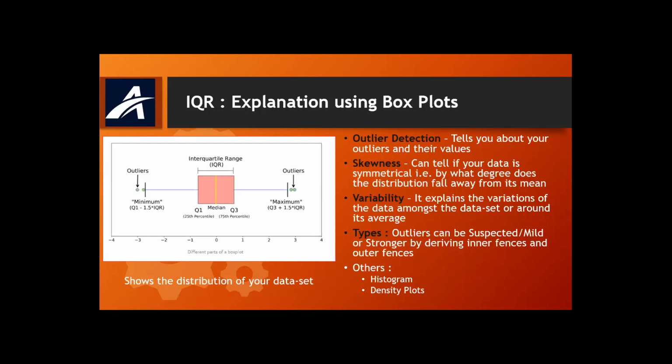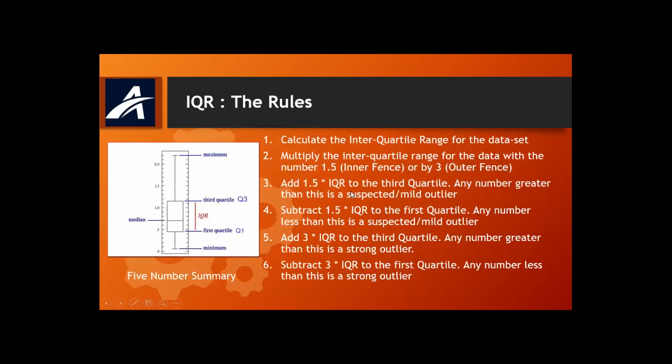So this is a very, very important visual. You need to have it in your notebook. And most importantly, you need to know how to detect the outliers using the interquartile range technique. All right. When you're calculating or detecting interquartile range, there are several steps, and they are projected right now.